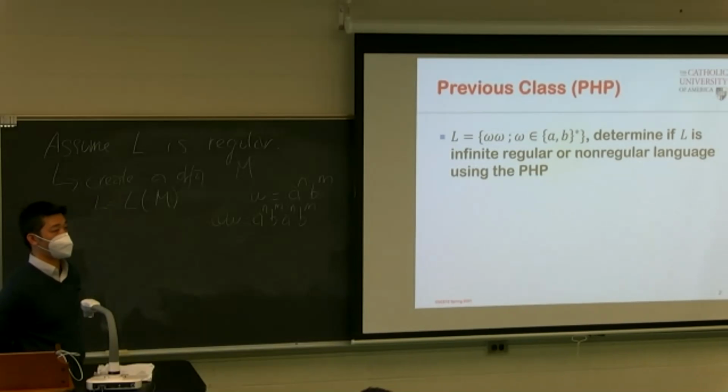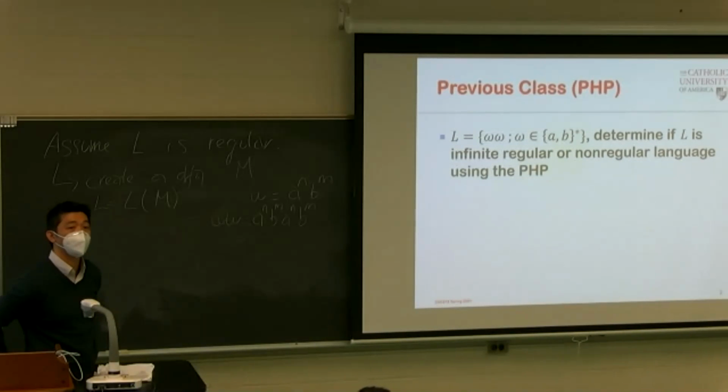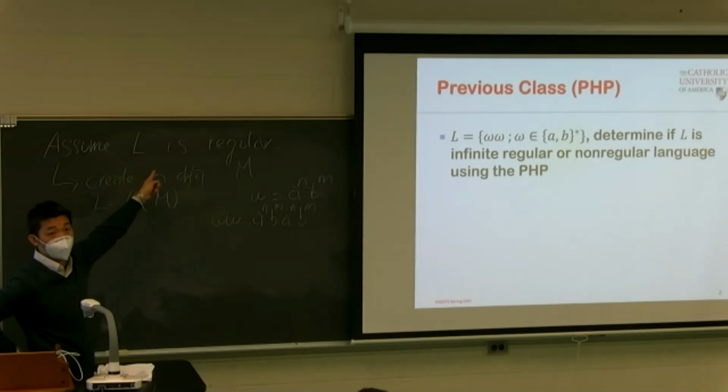How do we pick W? Does it have to be a regular language or not? Well, it has to be, because that is the assumption. The assumption is that there's a DFA for it.